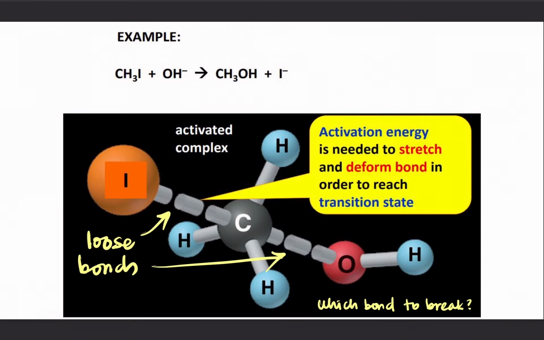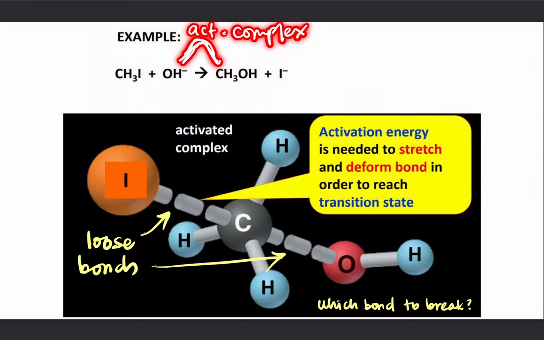So how does it look? Let's say we have methyl iodide reacting with hydroxide ion. These are your reactants. Your products will be methanol and iodide ion. Before your products are formed, you have your transition state up here, the hill, and at your transition state you form your activated complex.